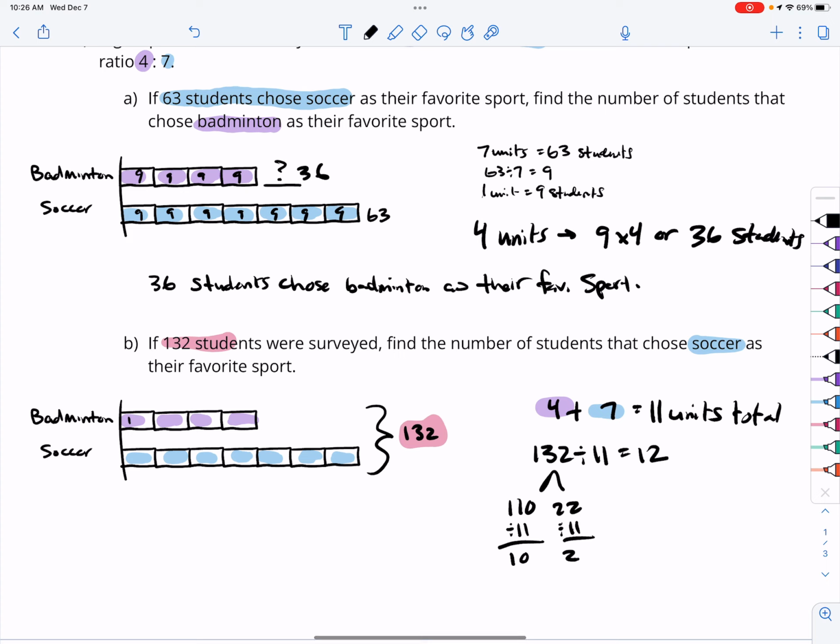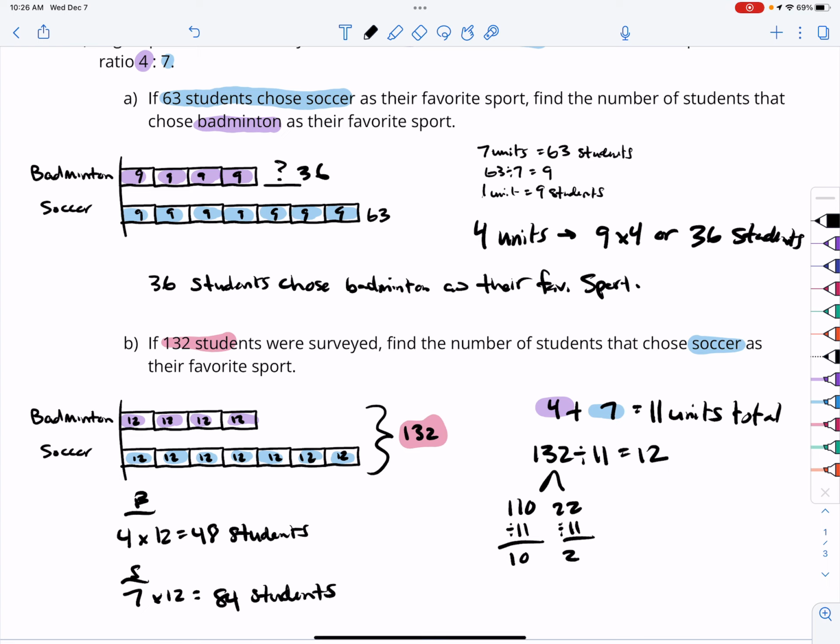So each unit is 12 students. So badminton is going to be 4 groups of 12, which is 48 students. And then soccer is 7 units, each containing 12, which is 84 students.